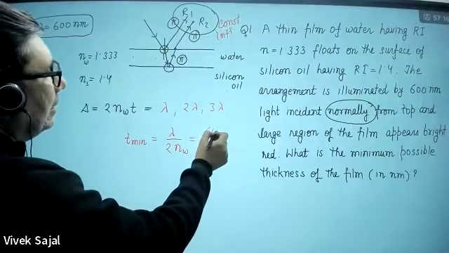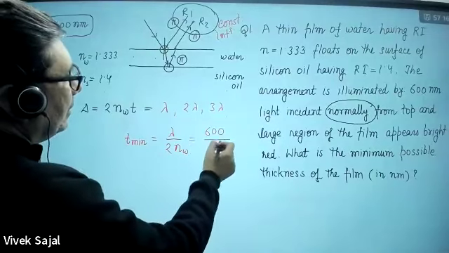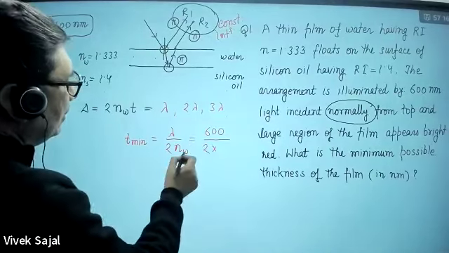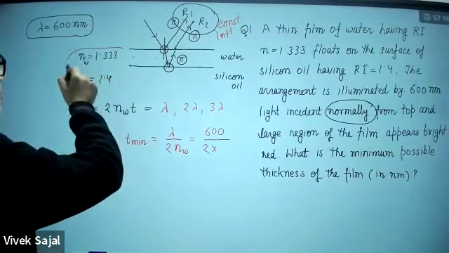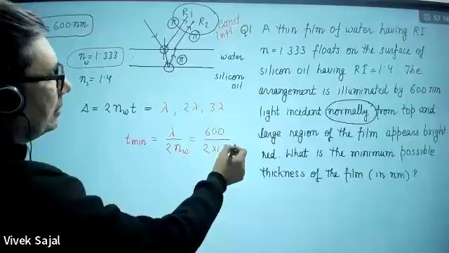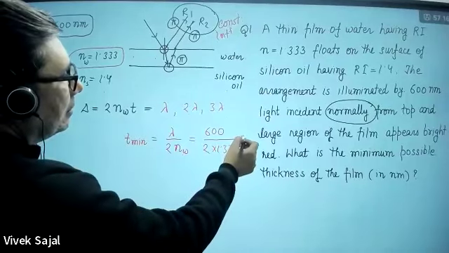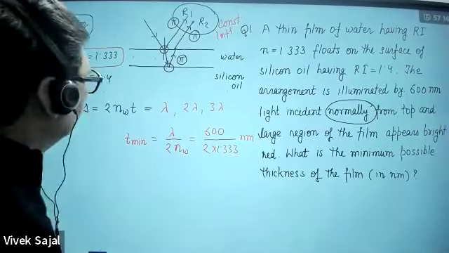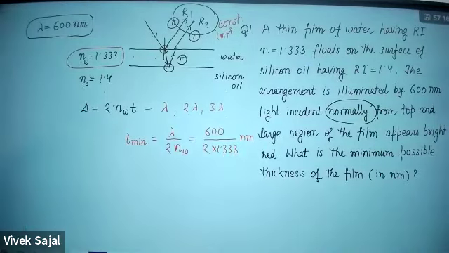This is 600 nanometer divided by 2 into, this is water, the film is of water, so this will be 1.333 nanometer. T minimum is this. So how much will this be? Please calculate it.